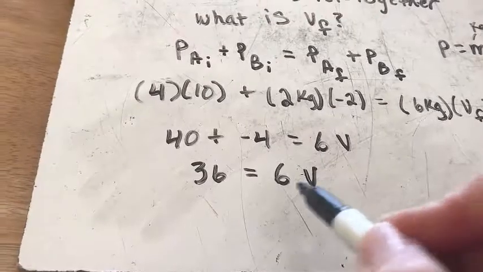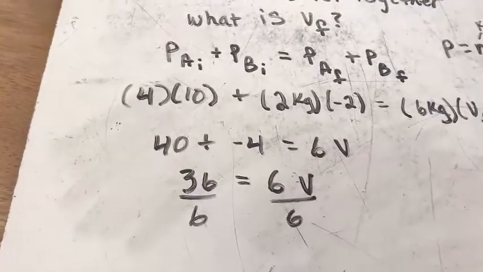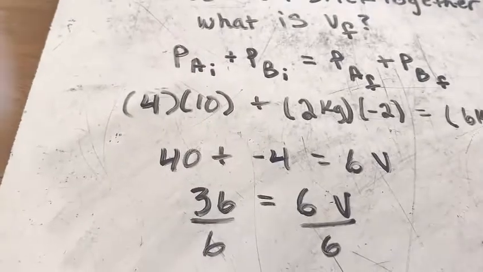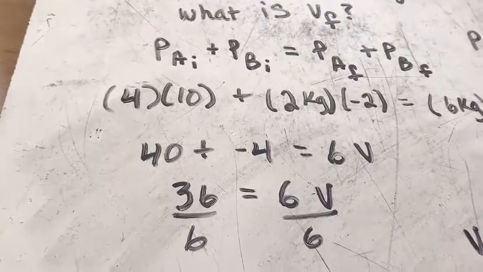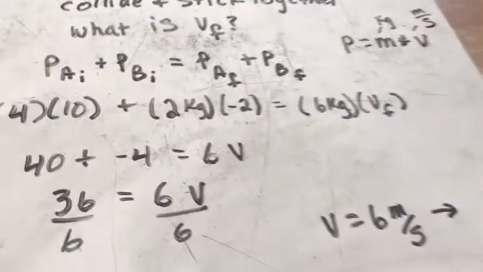Then you just divide both sides by 6. And when they stick together, our final velocity is just going to be 6 meters per second, and you could say to the right because it's positive.